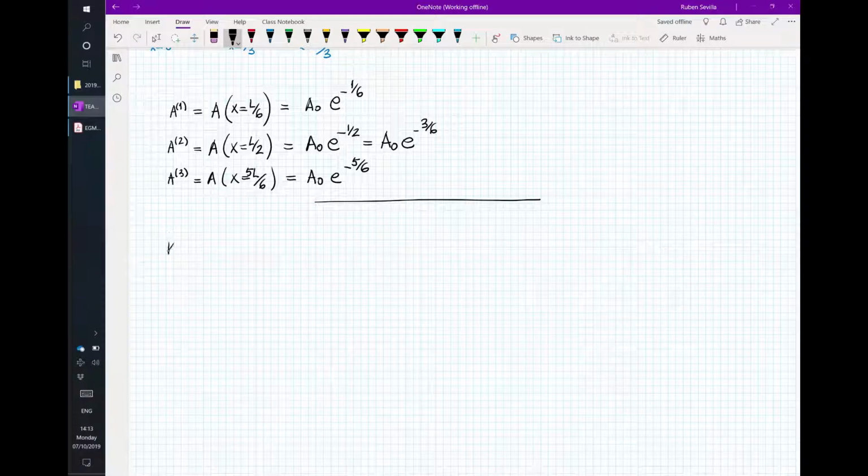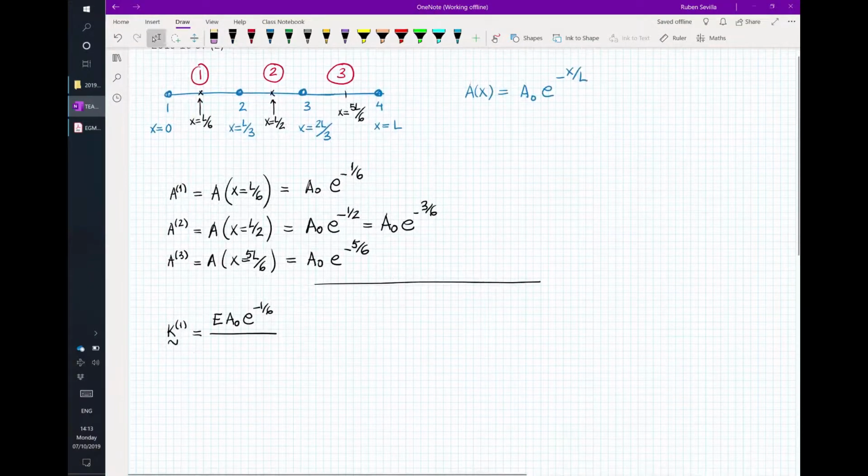So we go now for element number 1, and we simply have E, the area as selected constant in the first element, which is A0 and this exponential, divided by small l, the length of my element. What is the length of my element, the first one?